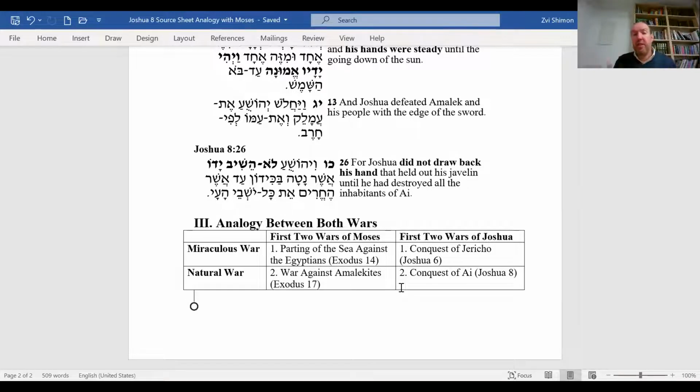And this builds on an ongoing analogy which we have seen between Moses and Joshua. We recall the whole book of Joshua begins with a concern: what will happen after Moses?